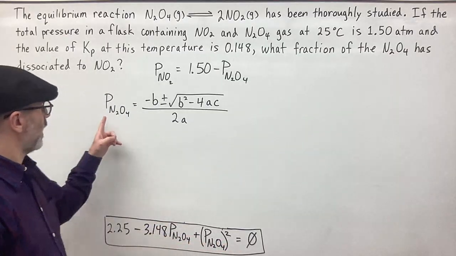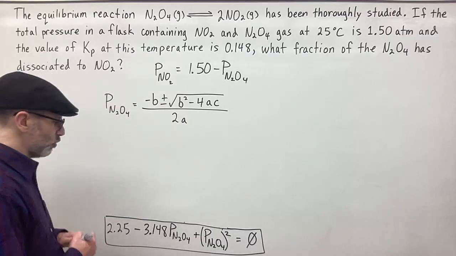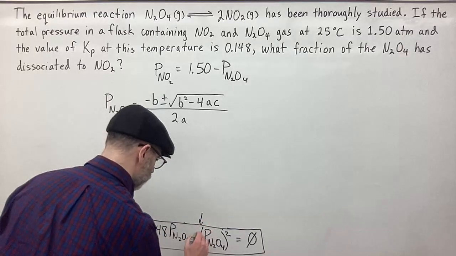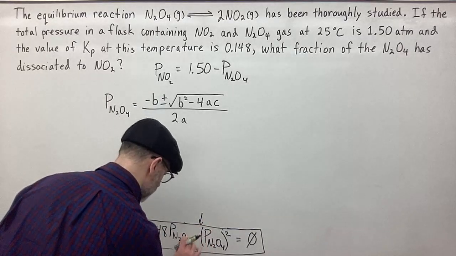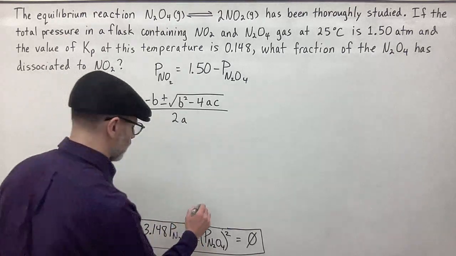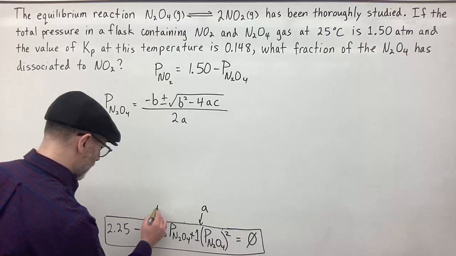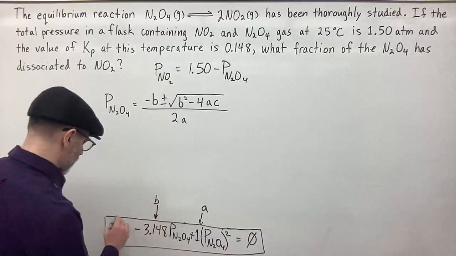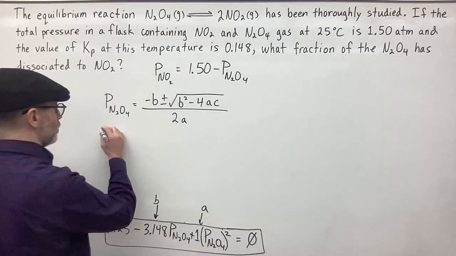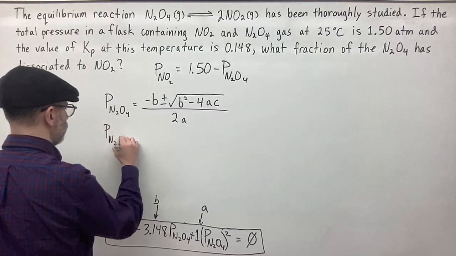So this is equal to the quadratic formula, and just as a reminder, the coefficient here is 1, and that's going to be A, then this coefficient here is B, and then there is C. So we just plug that in.